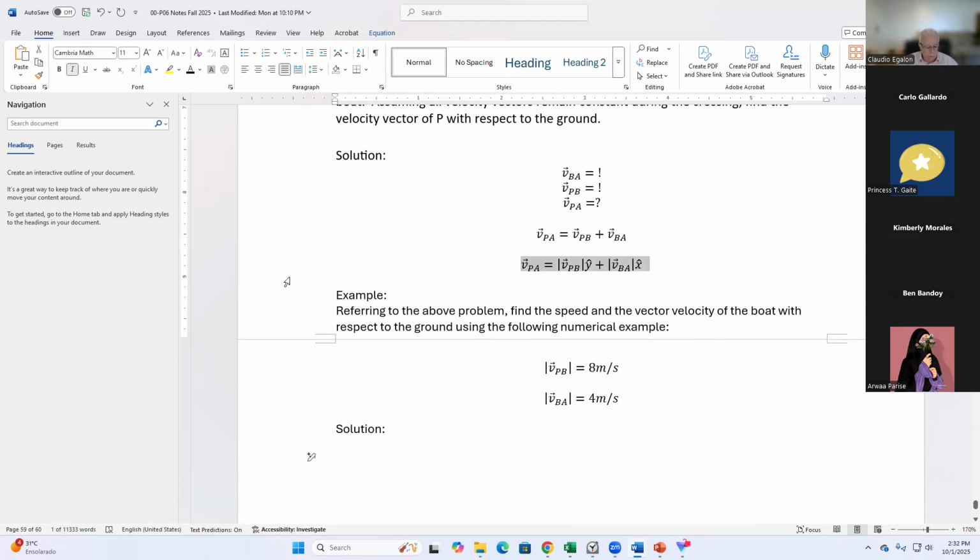That's going to be the velocity vector of the boat with respect to the ground, right? 8 meters per second here, and 4 meters per second here.